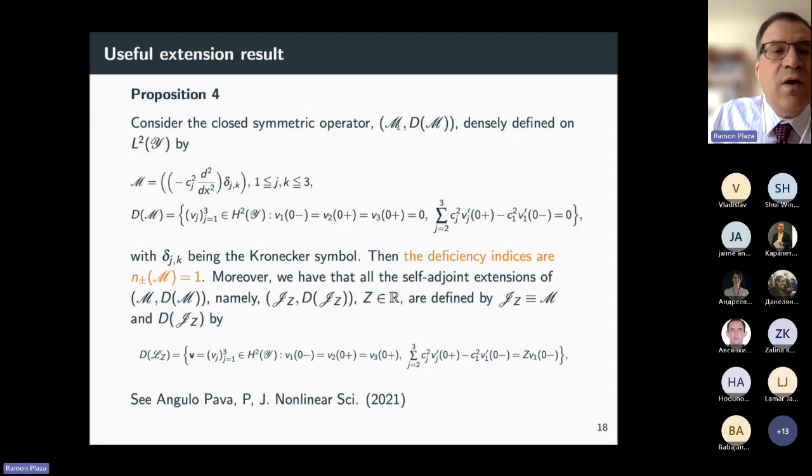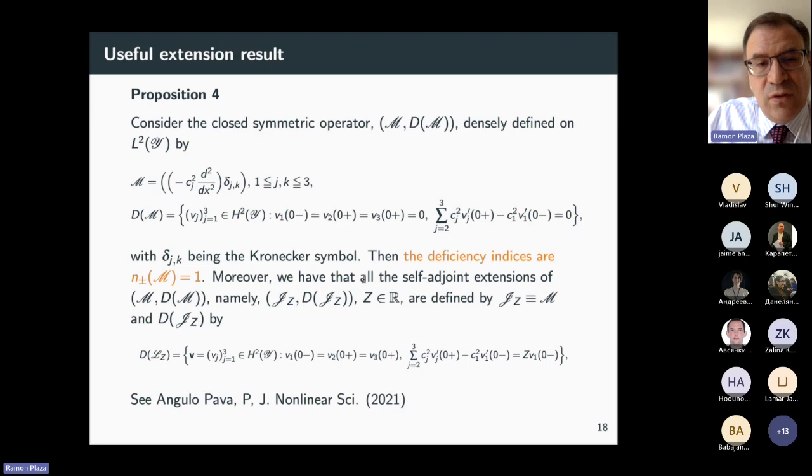Suppose that you have a closed symmetric operator, which is this diagonal matrix operator on this domain, which resembles delta conditions, Dirichlet delta conditions, of course. Then the deficiency indices are equal to 1.